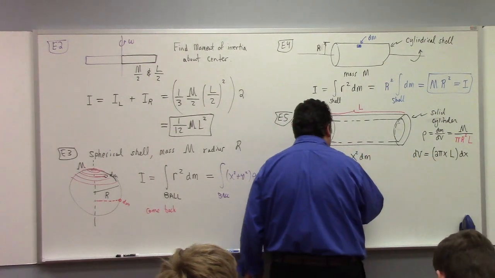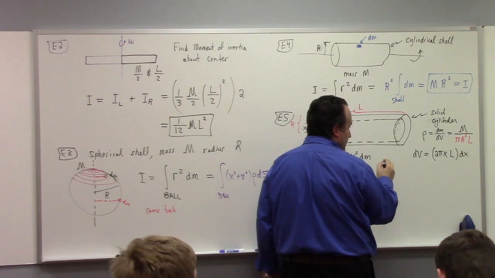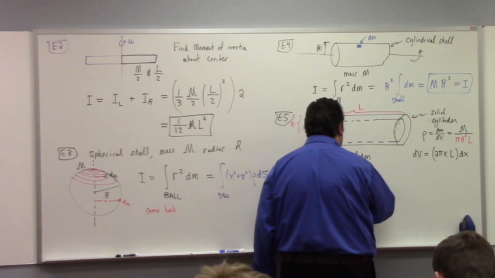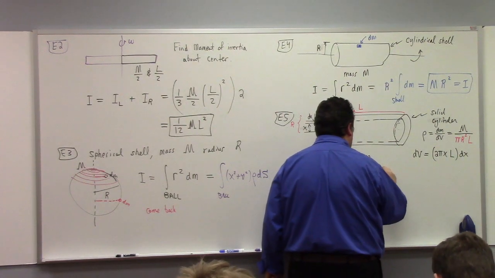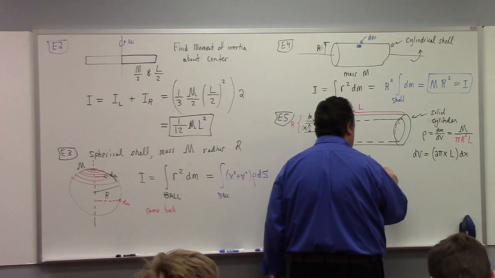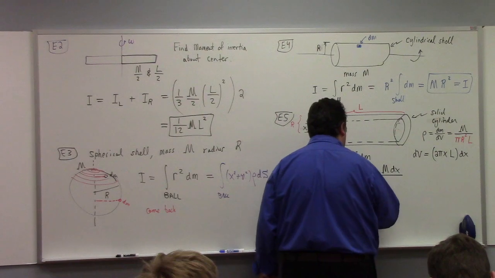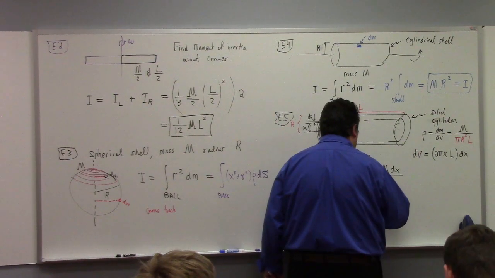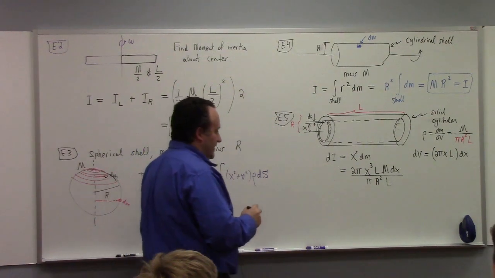So put it all together here. Your little bit of inertia from the shell is what? It is 2 pi, and I've got x times x, that gives me an x cubed, times L, times m dx over pi r squared L. Let's clean that up.